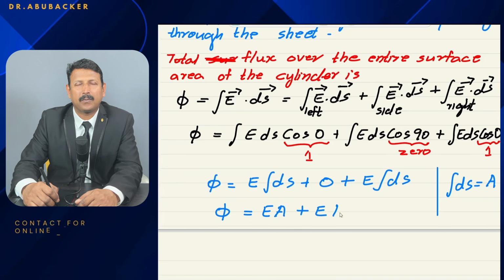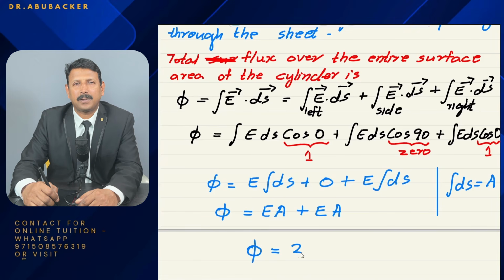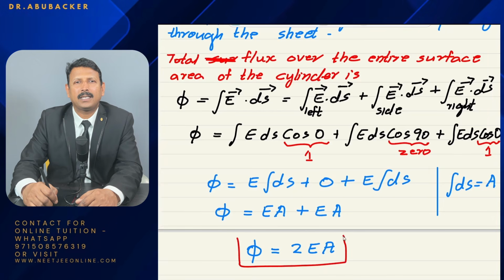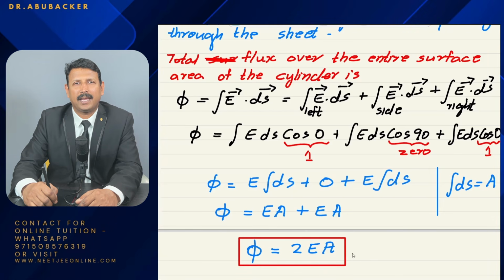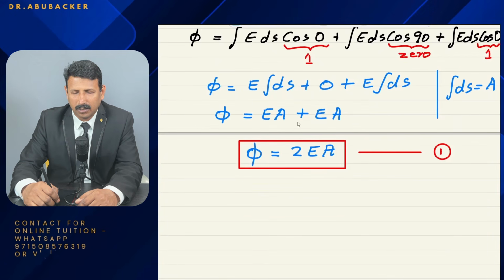But here we write the total area as A. A can be anything depending on the shape; for the sheet, length and breadth will come. So EA plus EA is equal to 2EA. That is the flux produced by a thin sheet. Electric flux due to a thin sheet is 2EA.